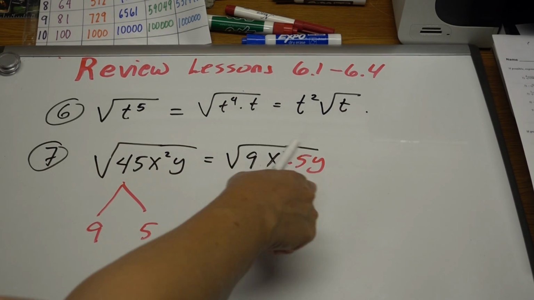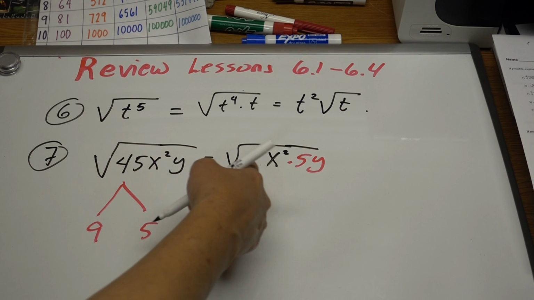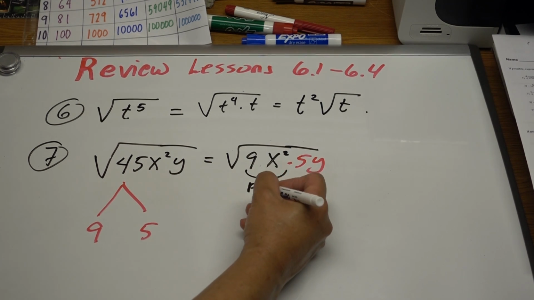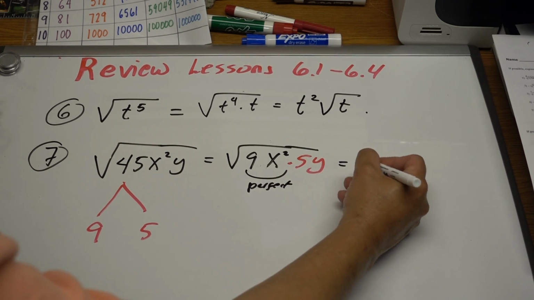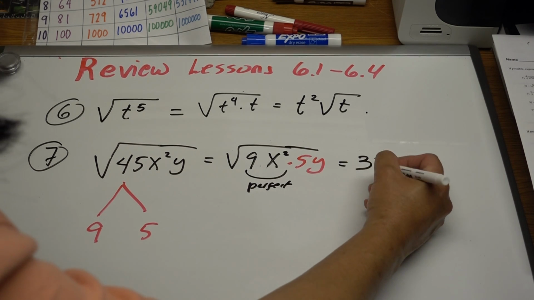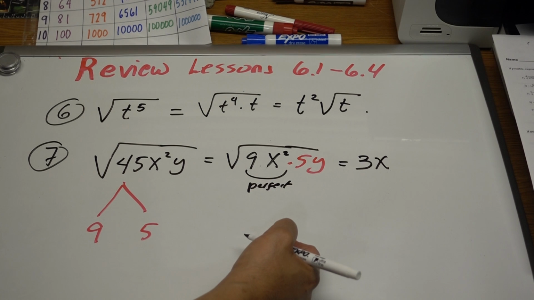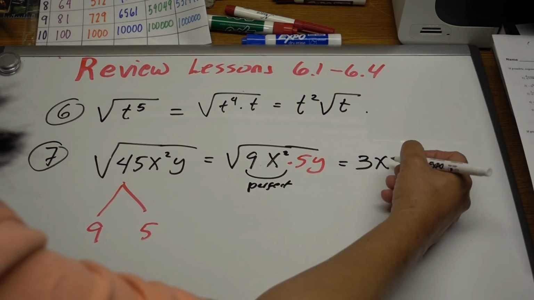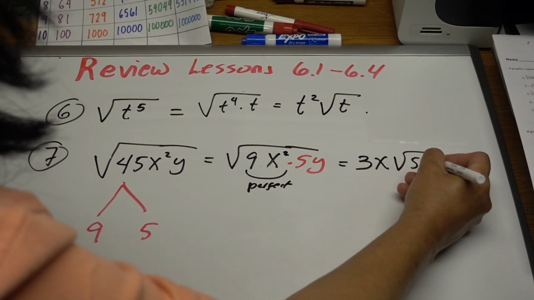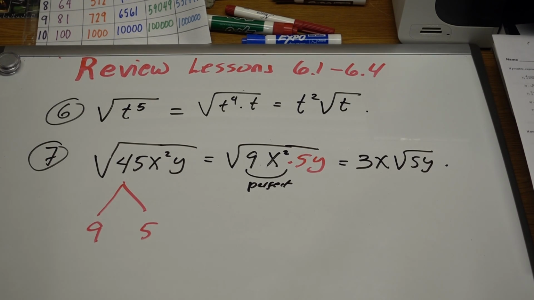So the red part is going to be inside of the radical. And 9x squared is a perfect one, so that goes out. The square root of 9 is 3. The square root of x squared is x. It's positive x because we don't need absolute values here. And the square root of 5y. And that's the answer of the problem.